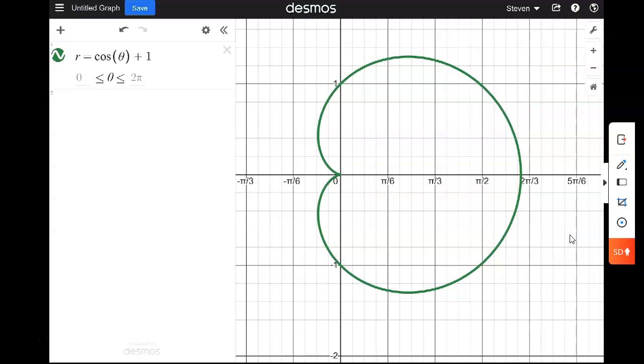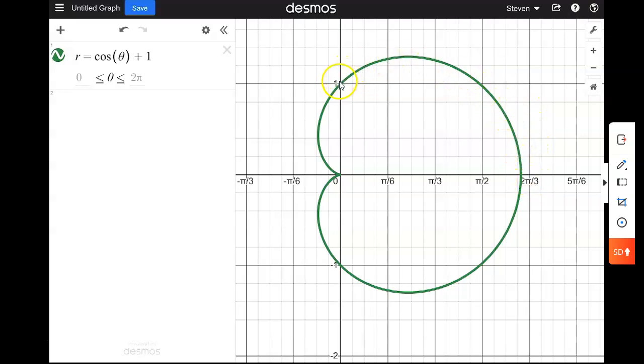Now, it's really important, though, when we're graphing things in polar coordinates, that not only do we know what the shape is, it's important to know when you get a certain part of the shape. Because one of the things we're going to be approaching in the next section is we're going to need to know where two different polar curves cross each other, intersect.